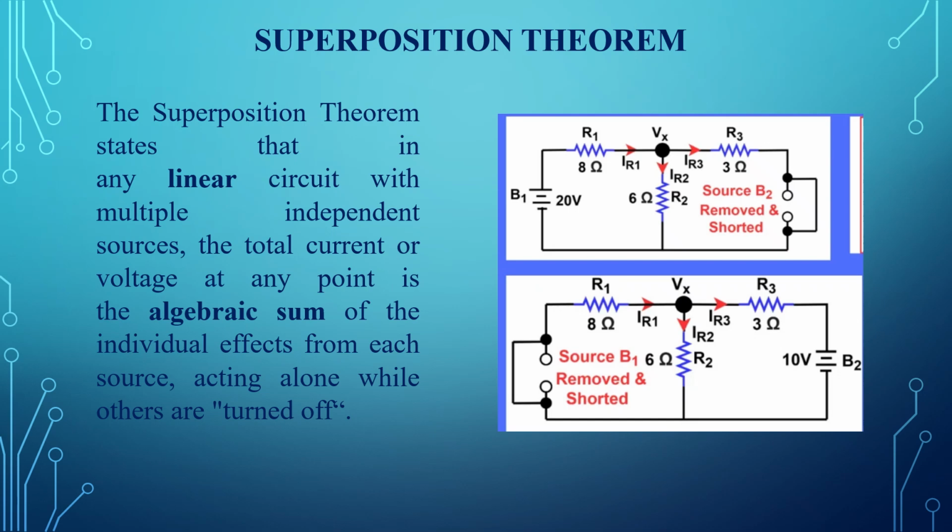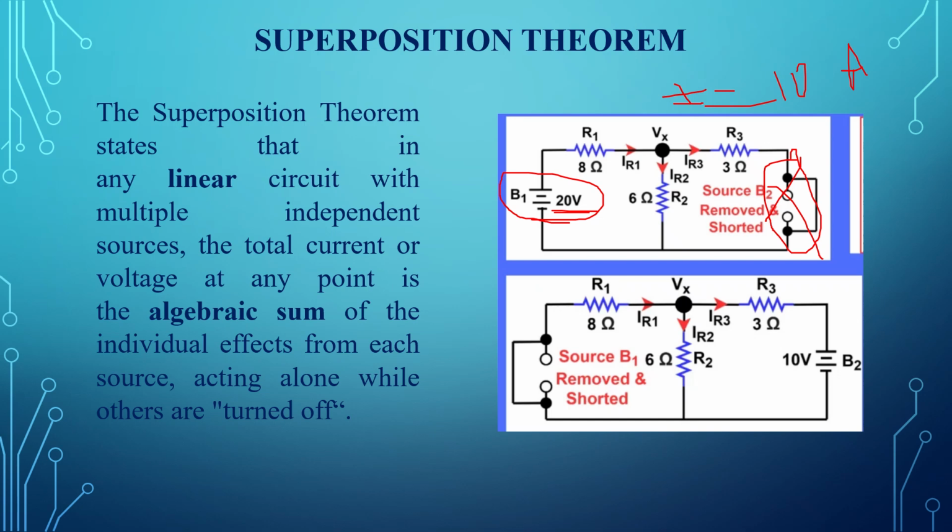So for example, here this should be shorted, this should be removed or shorted. At the time, source B1 alone is acting, 20 volts. So now we can calculate the current over here, I. For example, this I is 10 amps.